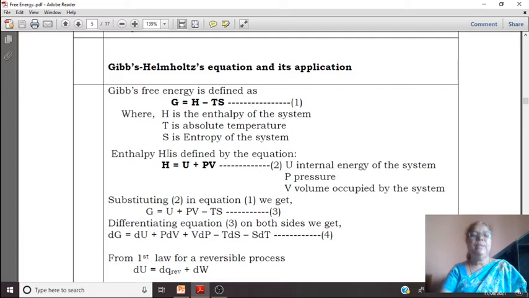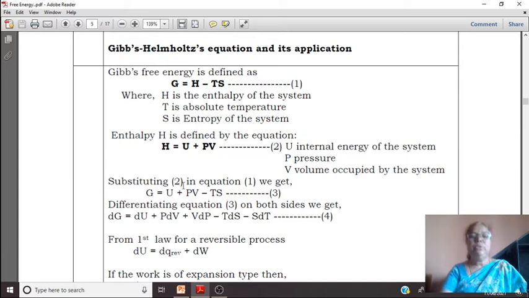And all of you know enthalpy is defined by the equation H equal to U plus PV, and in your book they have written internal energy by the notation capital E. Therefore, enthalpy is equal to E plus PV, where E is the internal energy of the system, P is the pressure, and V is the volume.